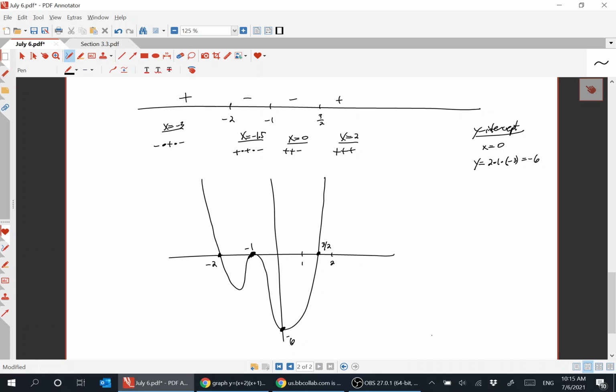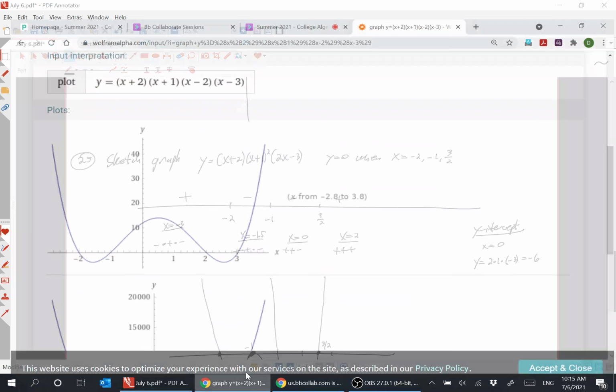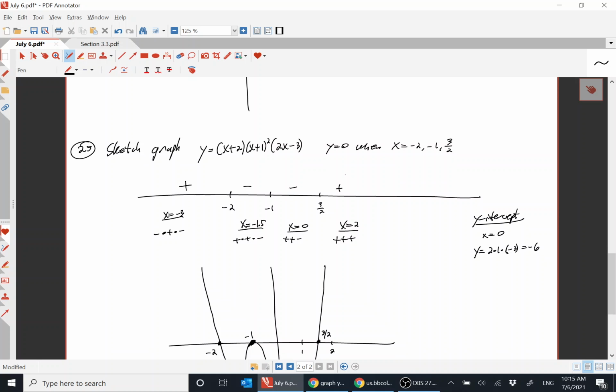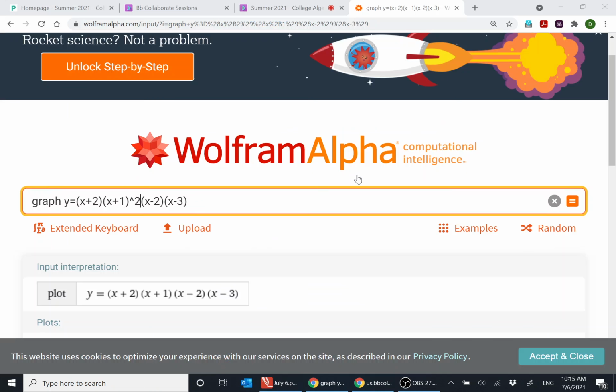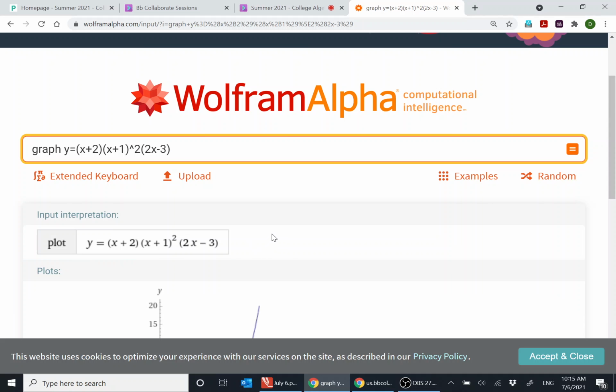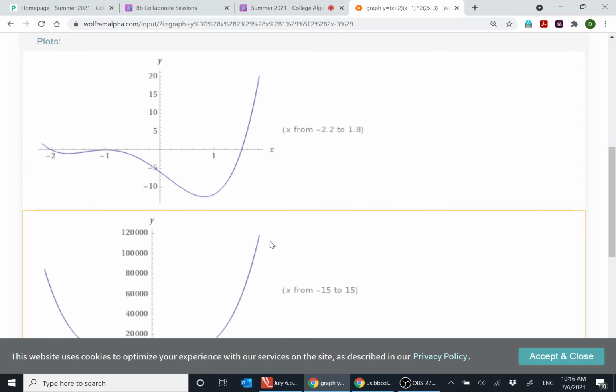You can actually get a better idea what that looks like. So x plus 2, x plus 1 squared, and then 2x minus 3. Oh, so the relative it's way down here. So I'm pretty far off.